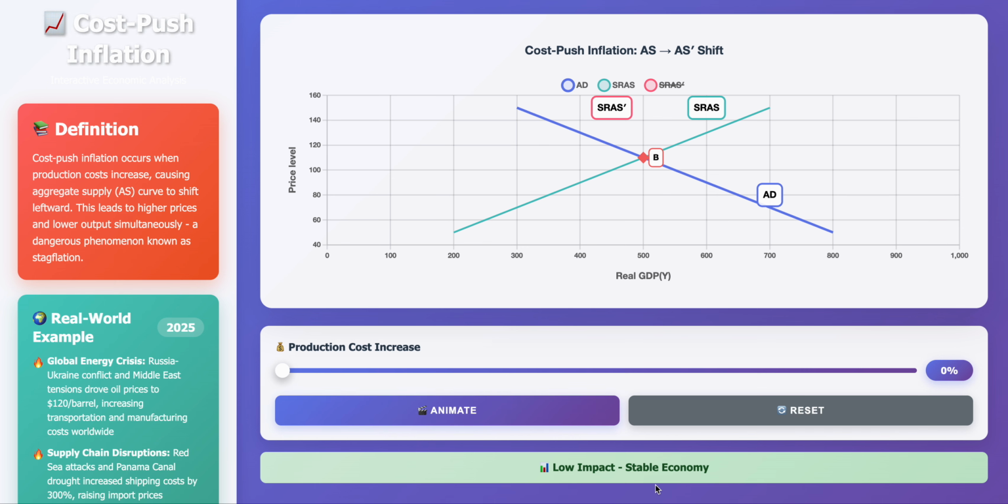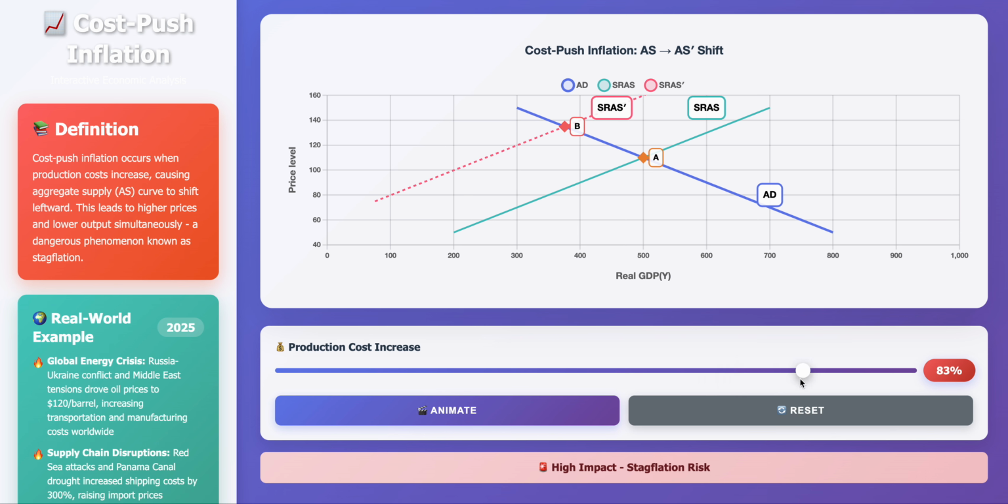The economy is pretty much stable right now at this state, but as the SRAS curve starts shifting left, there's a medium impact on the economy and the costs are rising. If it continues to shift left, there's a high impact and the risk of stagflation rises. If it continues to move left, the prices rise significantly and the risk of stagflation is rising as well.